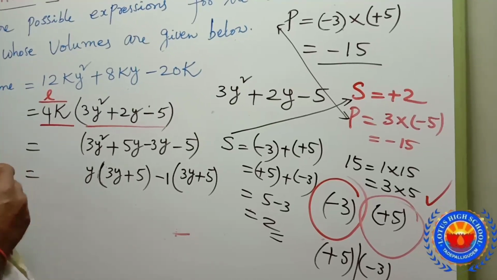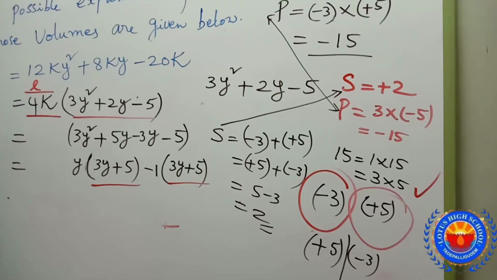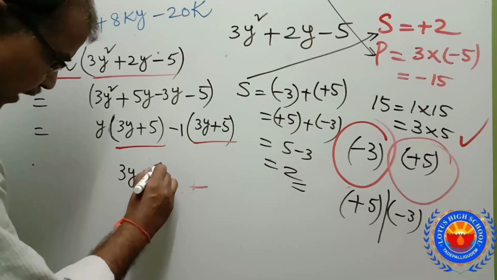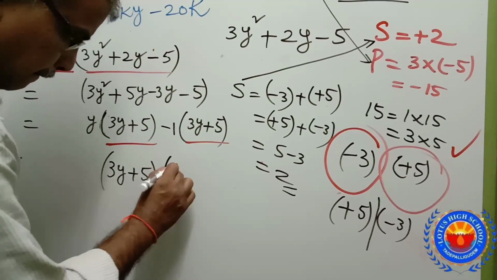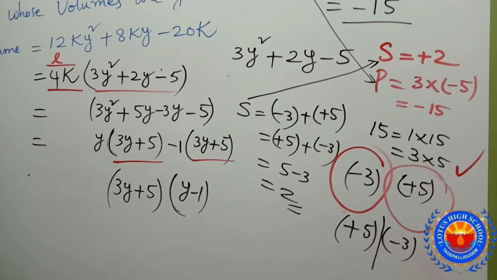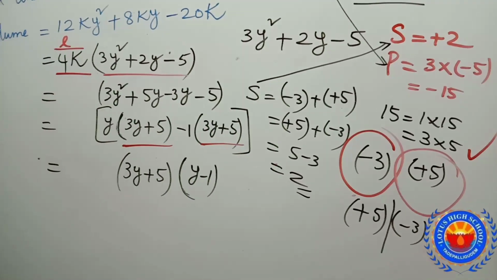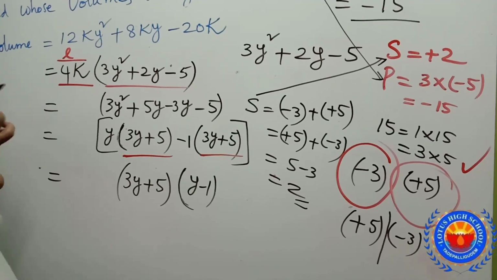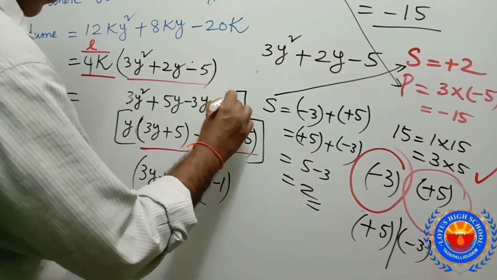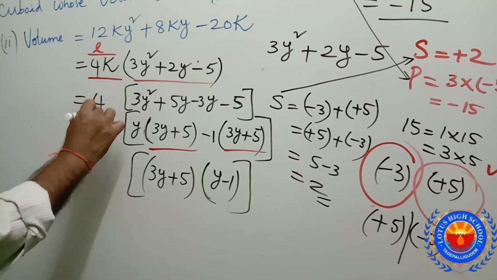So the highest common factor in this is 3y plus 5. That's why 3y plus 5 into y minus 1, in brackets. Also in brackets, so 4k is common.